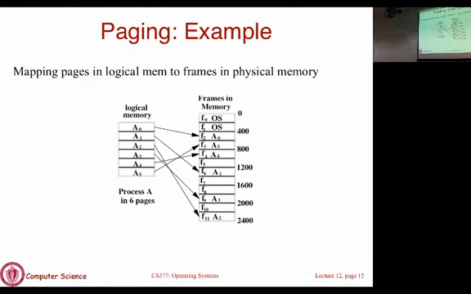One is you need to store additional information, not just the start of a process, but a page table that stores the mapping of pages to page frames. Second is you need to design address translation logic that will convert any logical address into a physical address. And we'll see how to do both of those things.